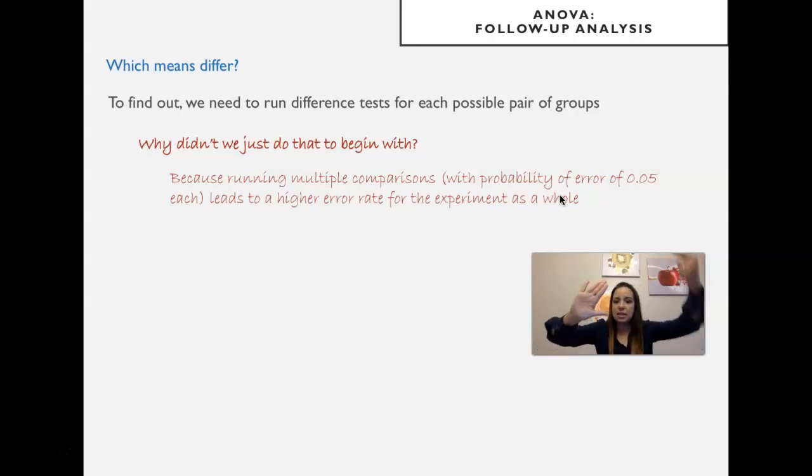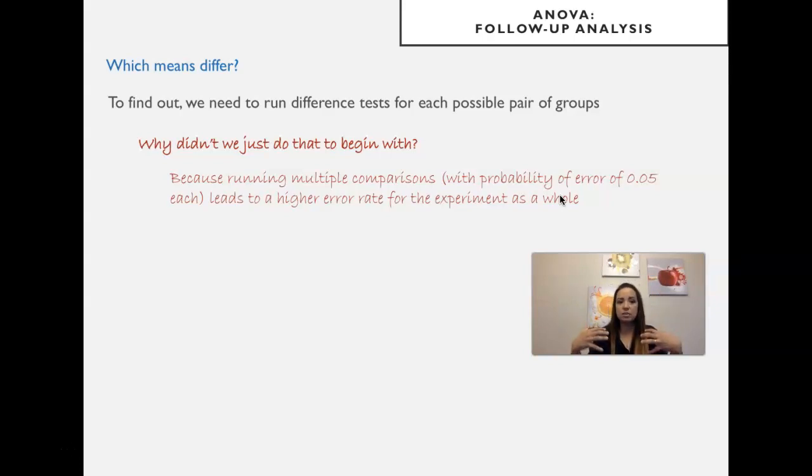Now you run a second test. Now instead of just having 5% probability, now you have 10. Now you run a third test. Now the probability of you making an error, experiment-wise error, is 0.05 times 3, so on and so forth. So instead of beginning with these multiple tests, we run the ANOVA test to get permission, so to speak, to explore which pairs are different.